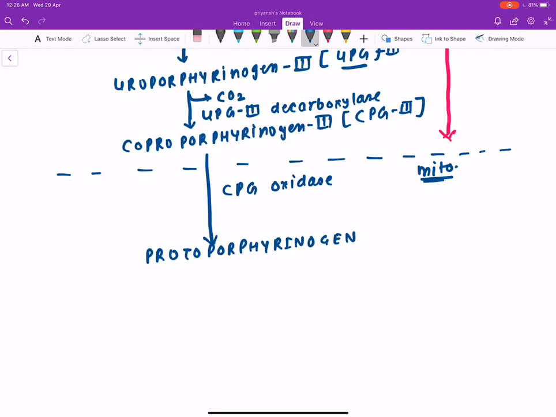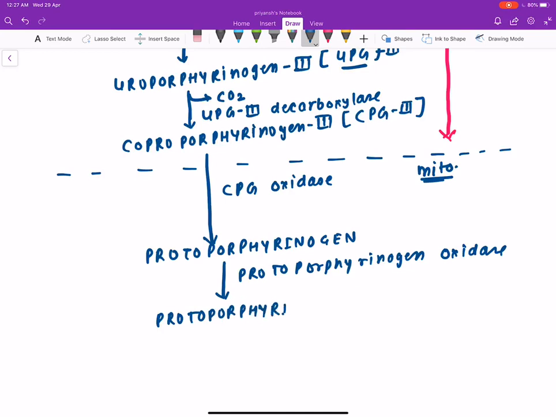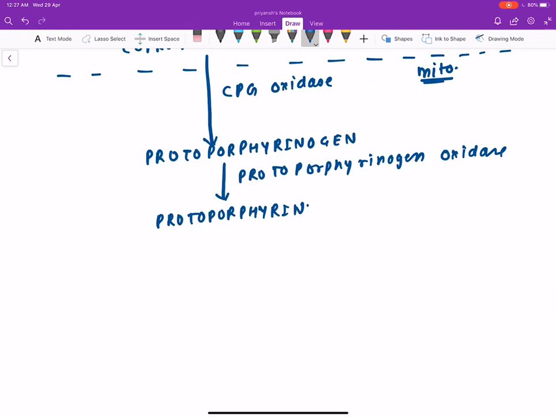Then this protoporphyrinogen will again undergo oxidation, so the name of the enzyme is protoporphyrinogen oxidase, and we get a molecule called protoporphyrin. On this protoporphyrin, the last molecule is added, that is ferrous ion. When the ferrous ion is added, the name of the enzyme is ferrochelatase, and what we get is ferroprotoporphyrin.